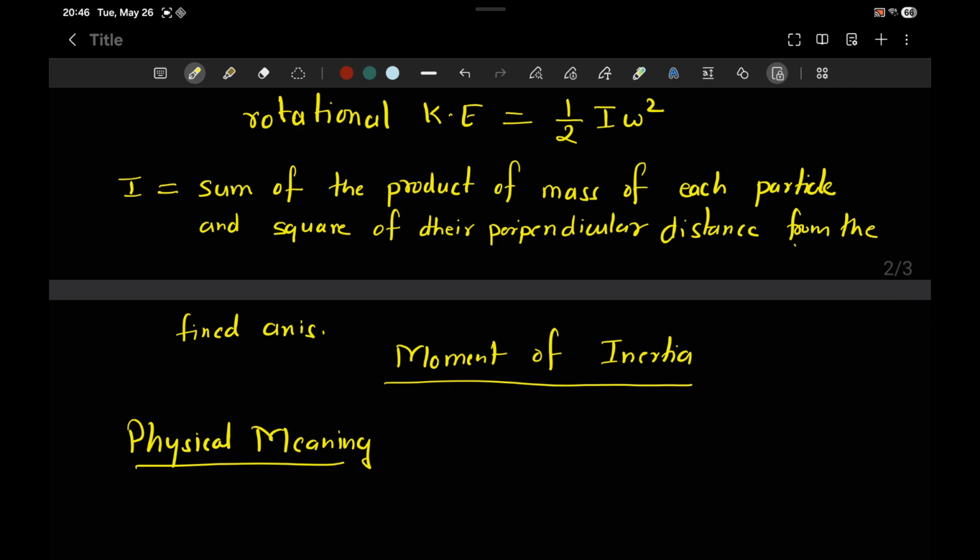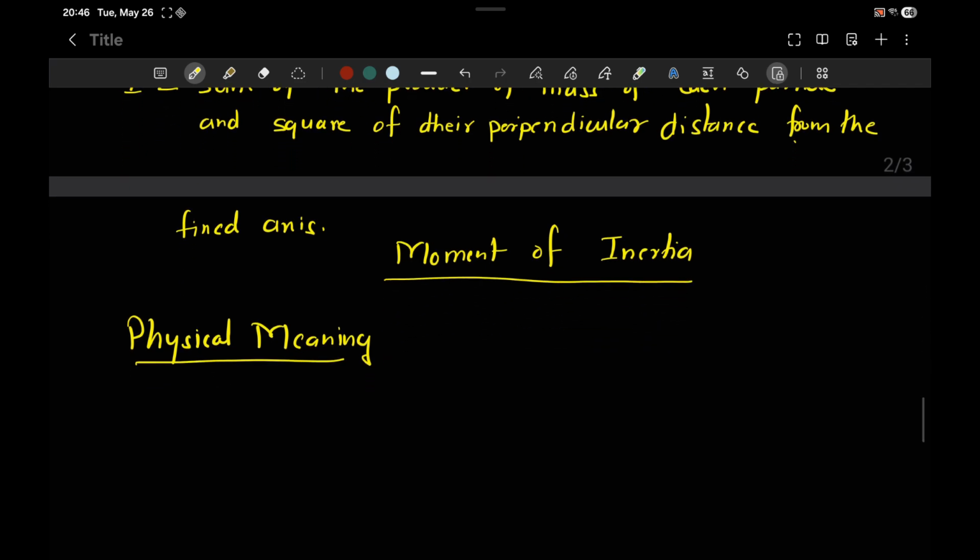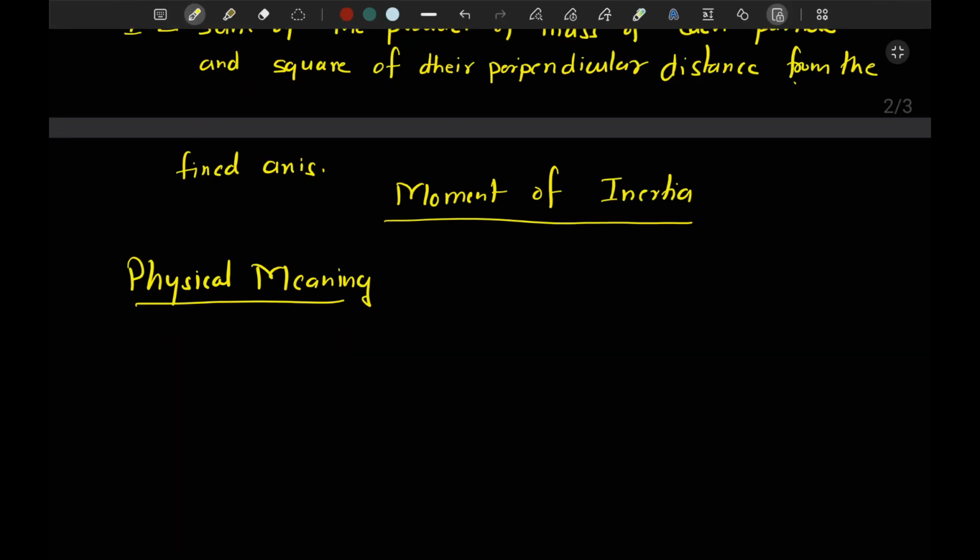So, as we know that in linear motion, the body has tendency to avoid changes in state until any external force is applied.